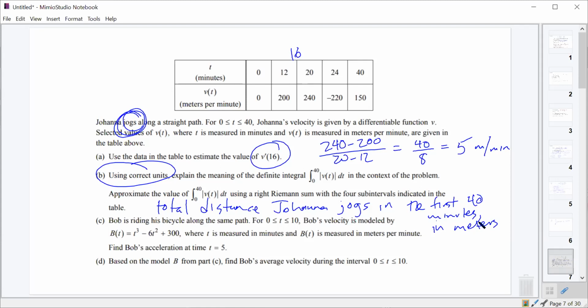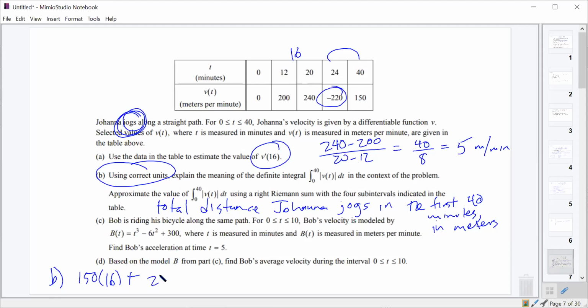Then we want to approximate that value using a right Riemann sum with the 4 subintervals. Are the subintervals all equal? 0 to 12 is 12. 12 to 20 is 8. So not equal, so we have to find each one separately. Starting at the right endpoint, 150 times the length of this interval, which is 16, plus, am I using negative 220?